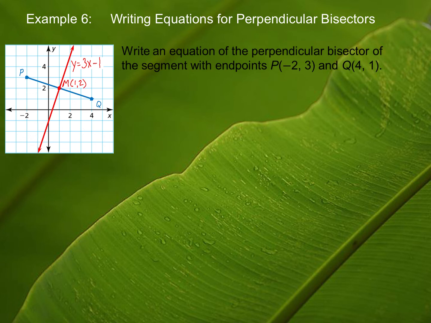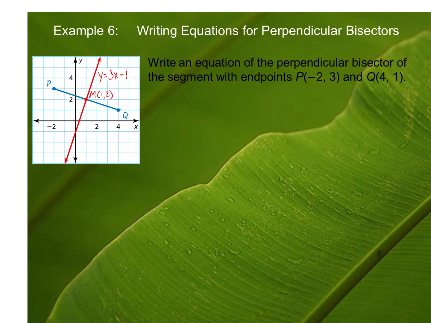So remember, this has multiple steps in order to get the equation of the perpendicular bisector. So I'm going to walk you through nice and slow, step by step. It's going to take us 4 steps. So the first step is going to be, you should be graphing these 2 ordered pairs and connecting the points. Well, if you notice, PQ was already graphed for me.